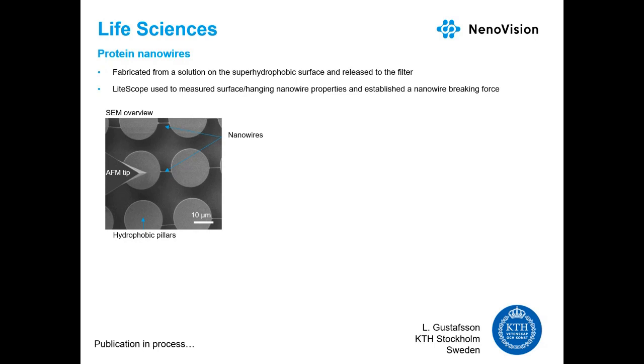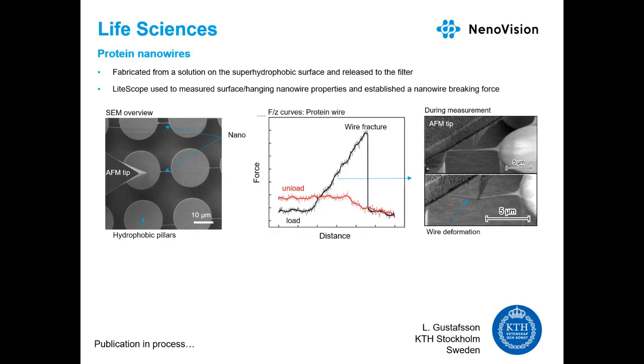How do we do that? We take the protein nanowire and put it on supporting structures, and then we can use precise navigation of the AFM tip to push and pull the nanowire. What you see on the picture is how the tip is pushing the nanowire, and simultaneously we are measuring the force distance curves.